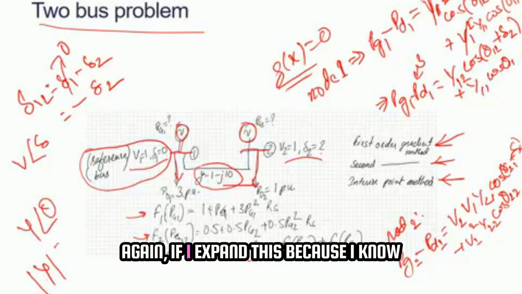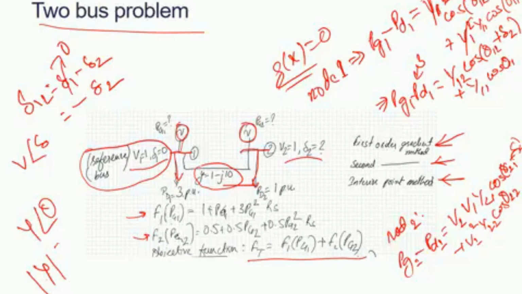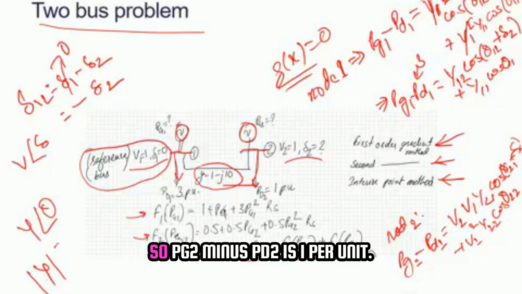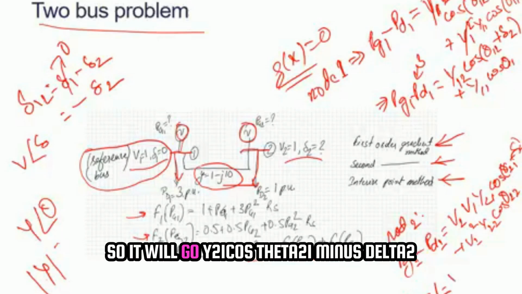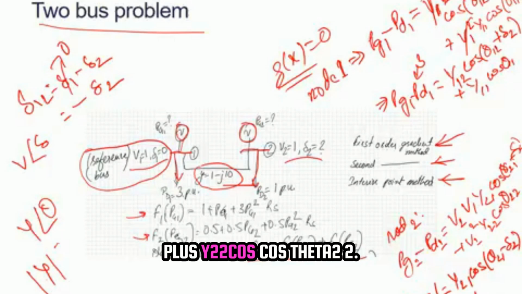Right, again, if I expand this, because I know some assumptions, Pg2 minus PD2 is 1 per unit, so it will be minus 1 equal to, we know V2 V1 is 1 per unit, so it will go Y21 cos theta 21 minus delta 2 plus Y22 cos theta 22.